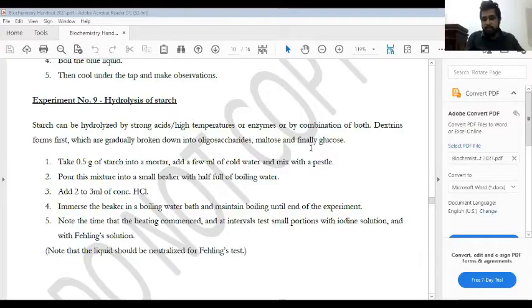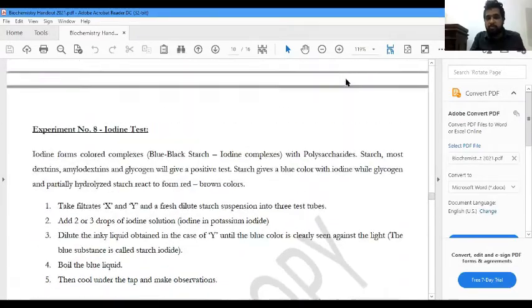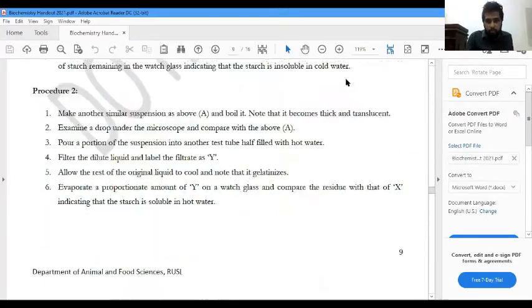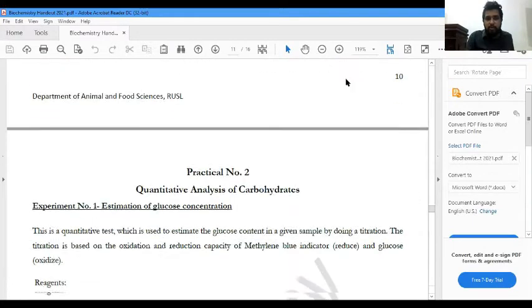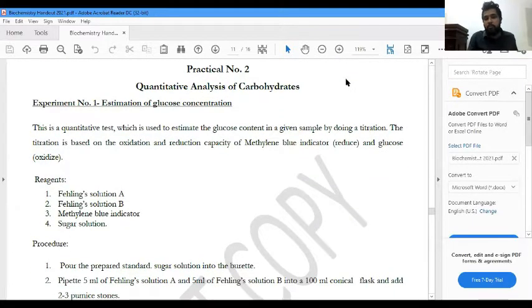Then I will move on to the next experiment that we need to cover. We have discussed a series of qualitative experiments for carbohydrates. Now I will move on to quantitative analysis of carbohydrates. You know the difference between qualitative and quantitative analysis.